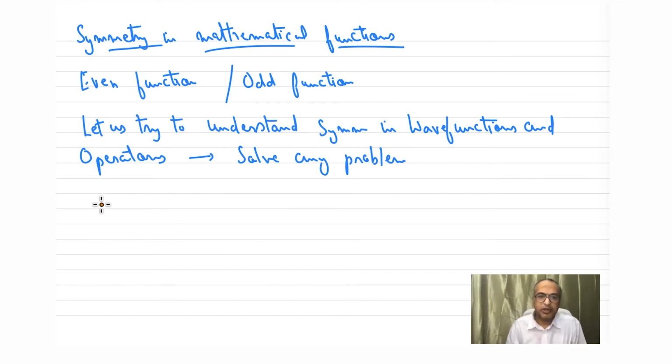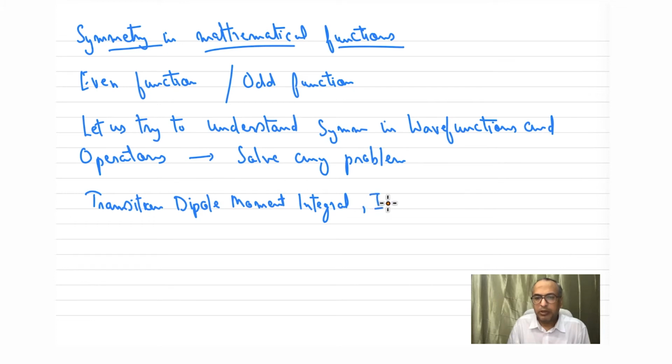Okay. So in certain areas of chemistry, specifically spectroscopy, you will encounter something called the transition dipole. Do not worry about it as of now; we'll explain it later. So the transition dipole moment integral, which is denoted by I, can be written as the integral of psi i, operator, psi j d tau.